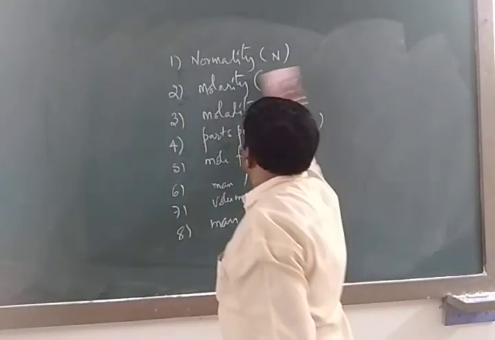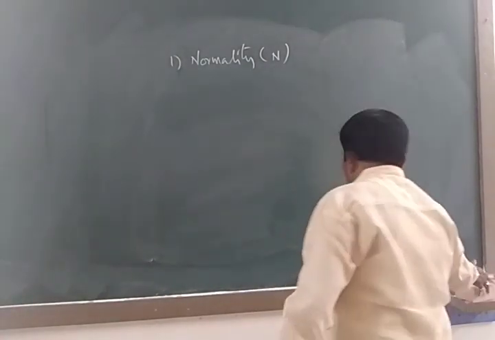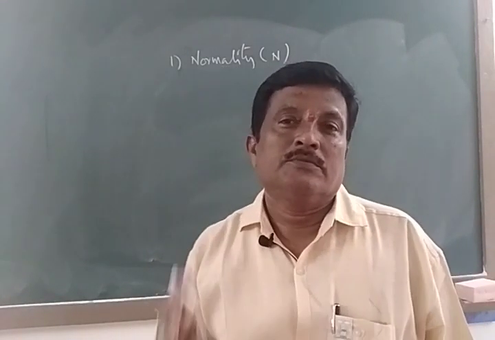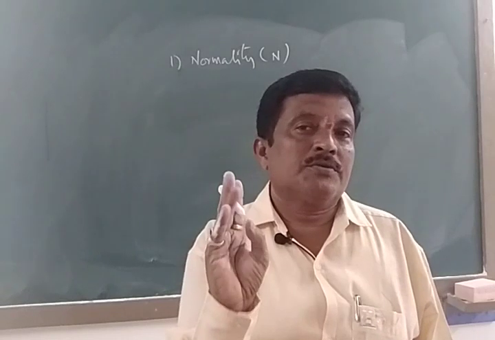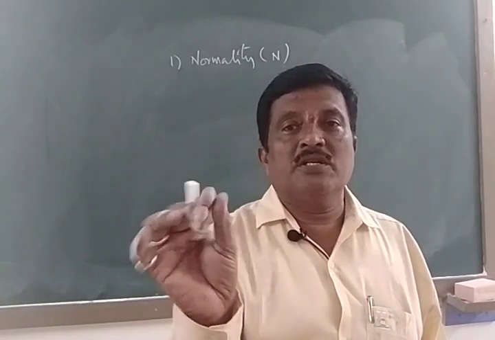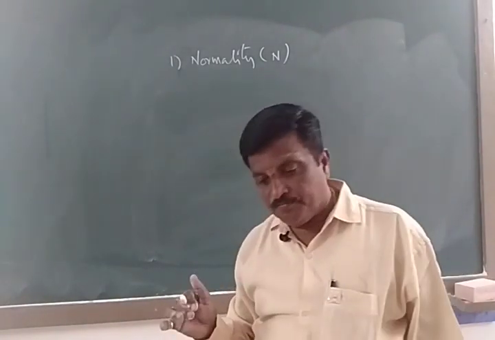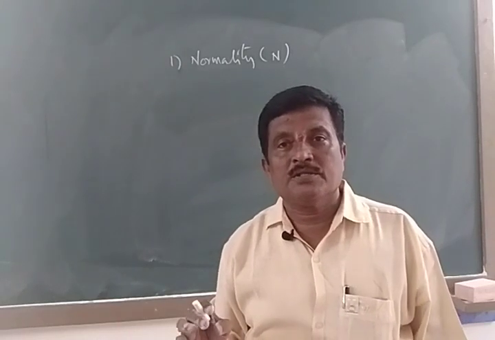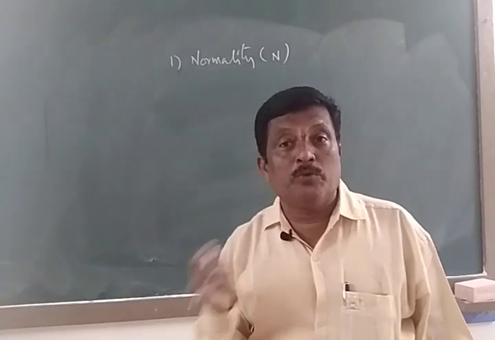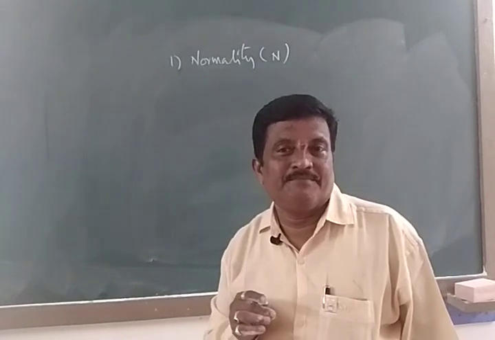Now let us start the first one. Already I told you that this term is used to express the strength of acidic solutions, basic solutions, salt solutions, solutions prepared with oxidizing reagent, solutions prepared with reducing reagent. Because the masses of acids, bases, salts, oxidizing reagents, reducing reagents, etc. are expressed with gram equivalent weight.